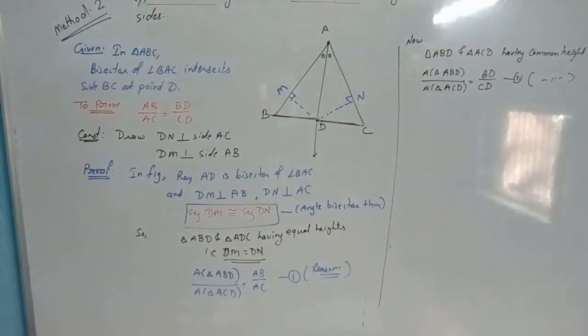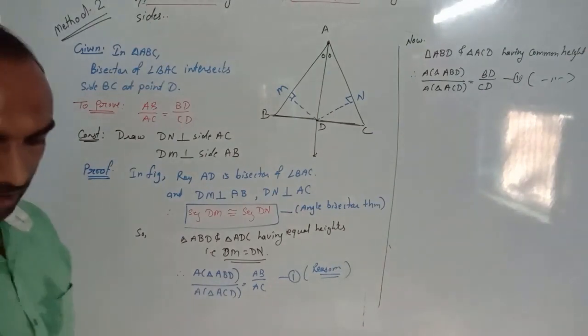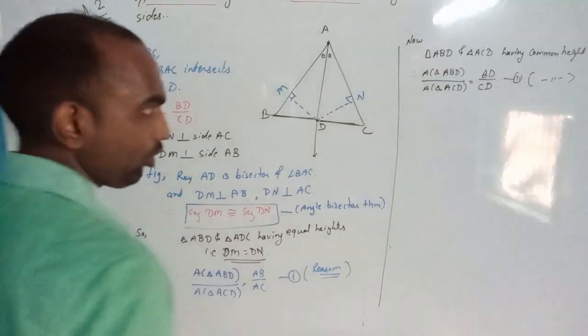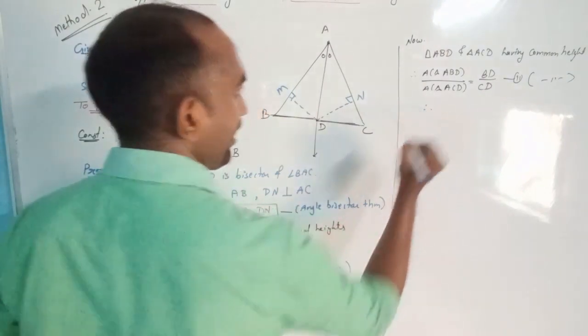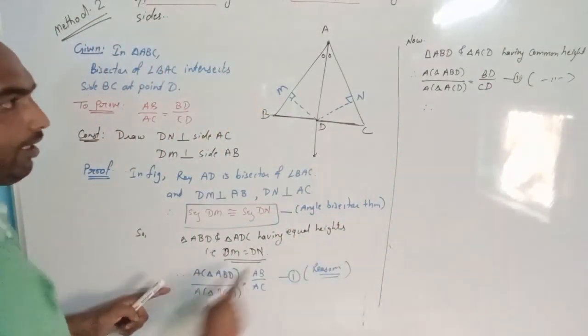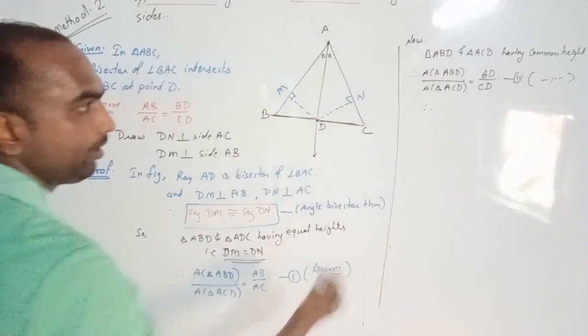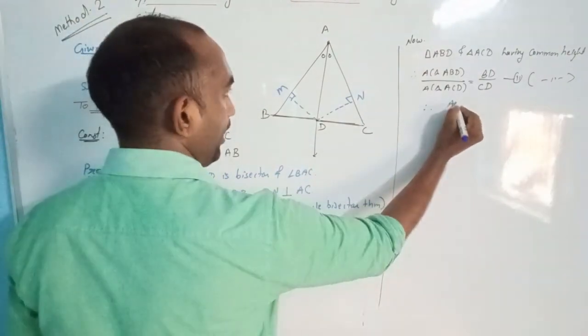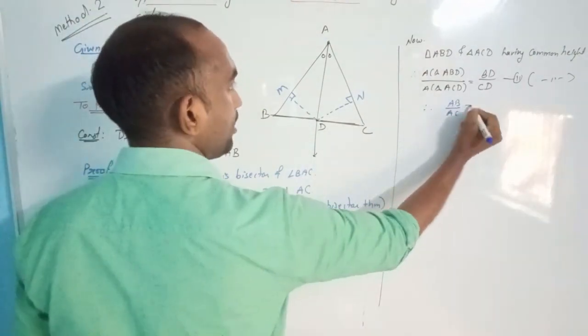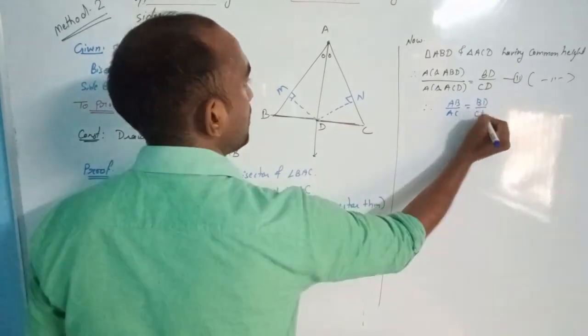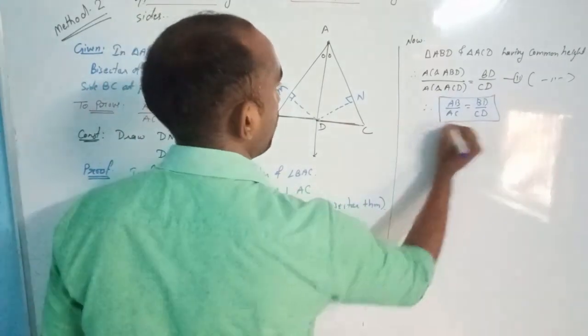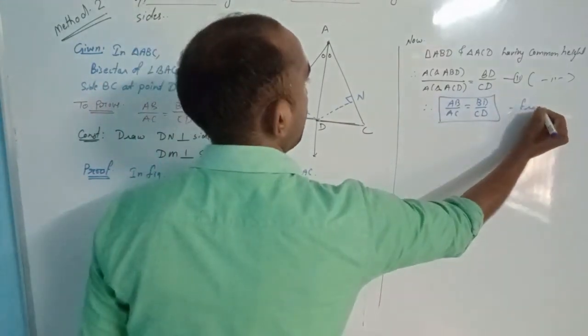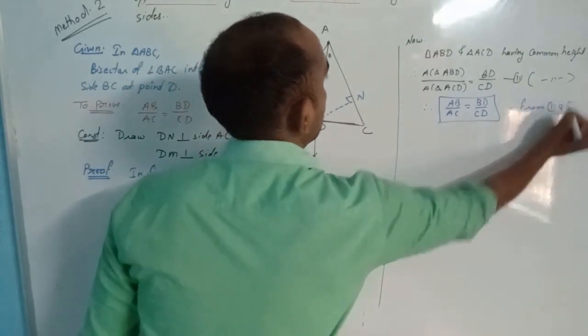Same, areas are proportional to corresponding base. Clear? So from 1 and 2, what we can say is that the areas of ABD and ACD are the same. So we can say that AB upon AC is equal to BD upon CD. So this will be my proof from 1 and 2.